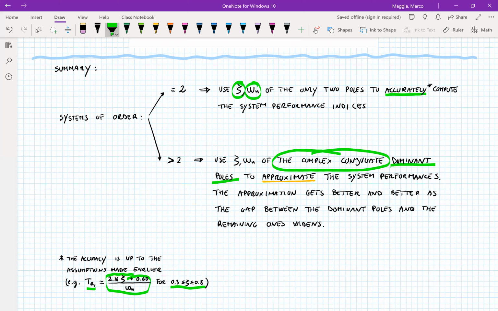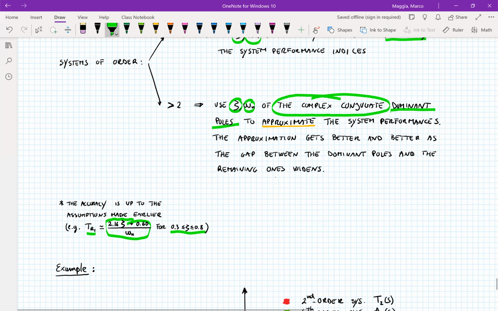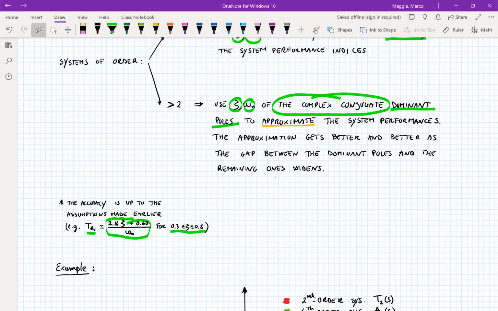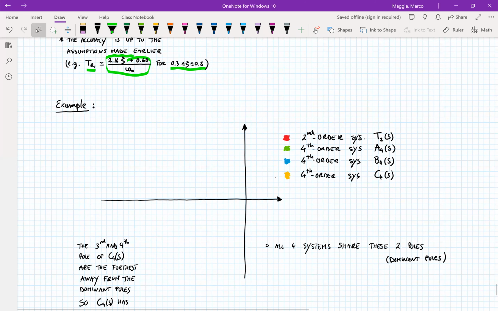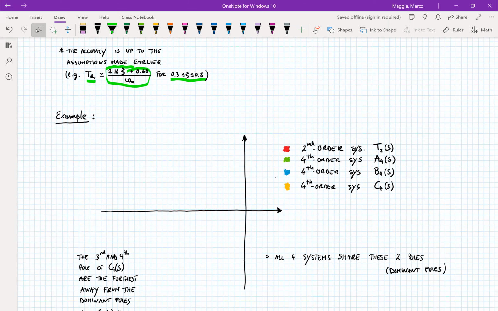And then use the damping ratio and natural frequency of these 2 dominant poles to approximate the system performances. Of course, the approximation of this higher order system to a second order system gets better and better if the non-dominant poles are way to the left with respect to the dominant poles. Let me give you an example.